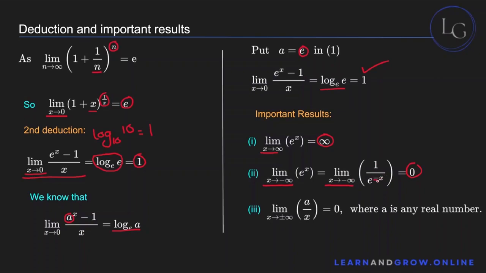The two negative signs multiply and become positive infinity. So 1 over infinity is equal to 0. And this over here, as x approaches positive or negative infinity, in any case will give you 0. And a is any real number, it's just a constant.